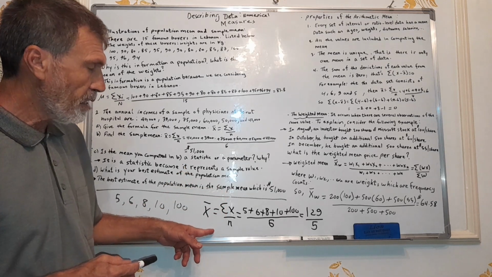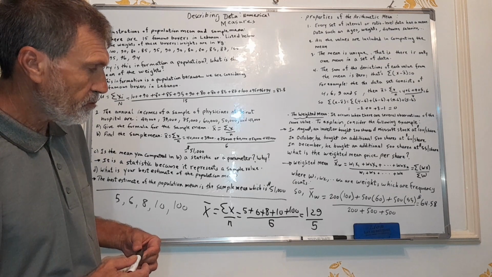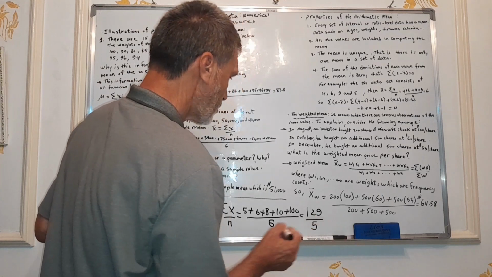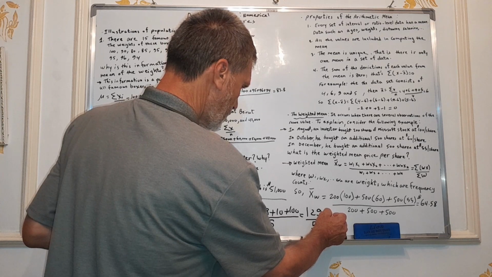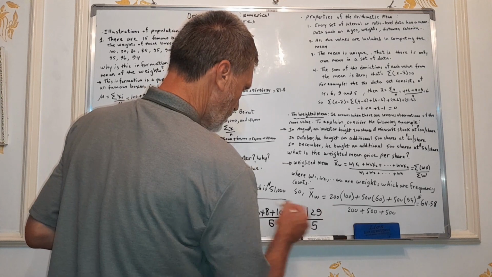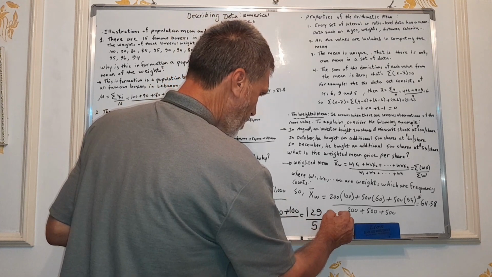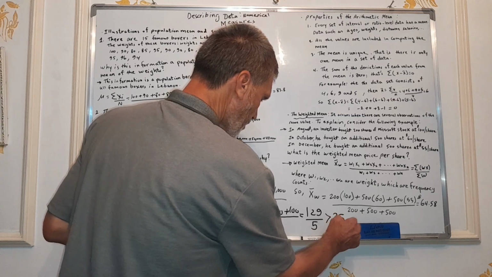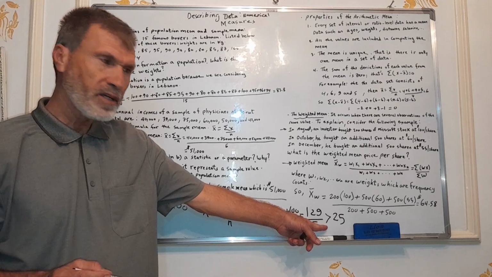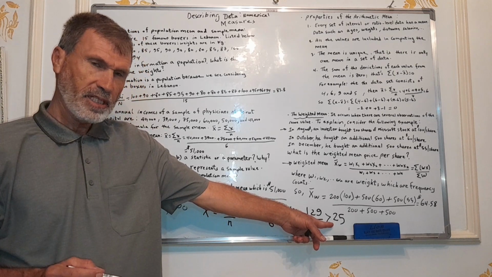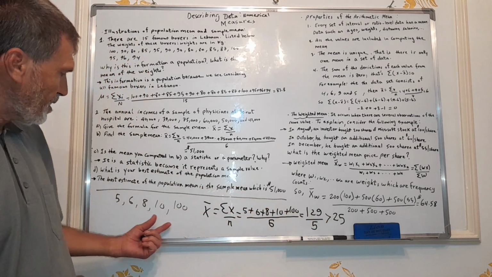The average is going to be a value over 25. Now, this value, which represents the average of the data, is not representative of this data.